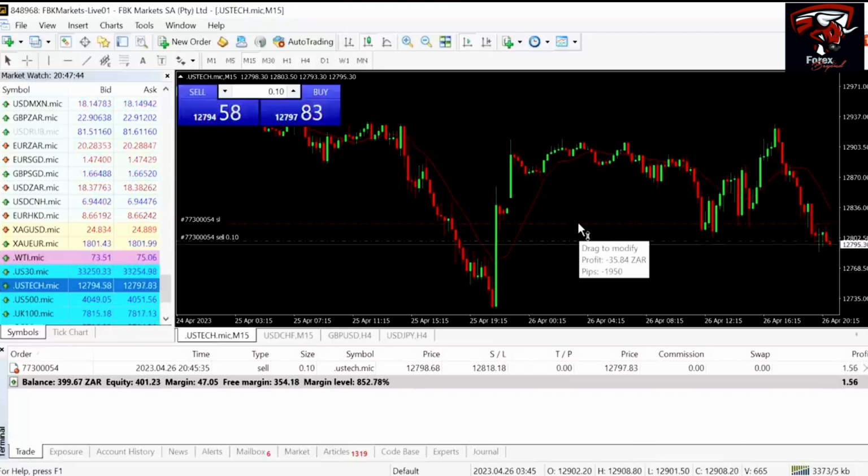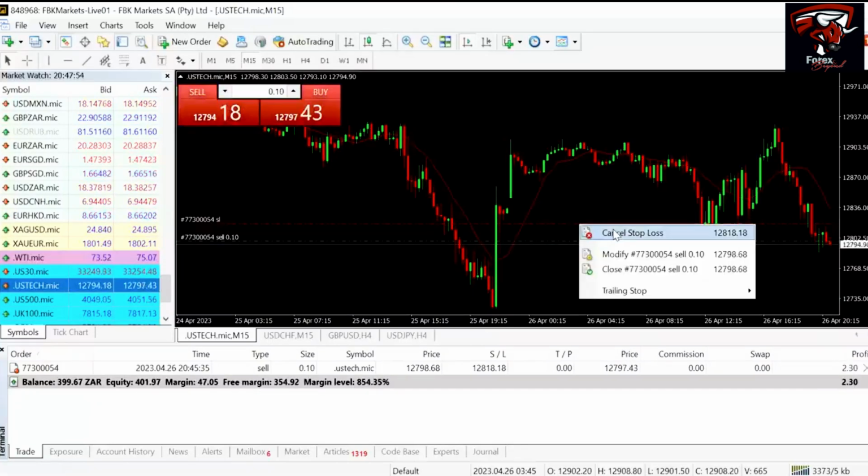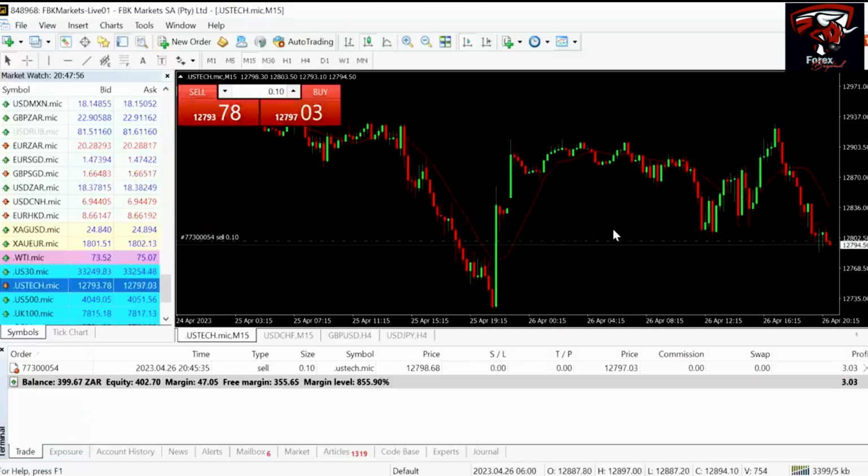It's showing me that I'm going to lose about 35 rands if the order goes against me. So ideally, I don't set this at all, because I've funded with an amount of money that I'm willing to lose per trade.